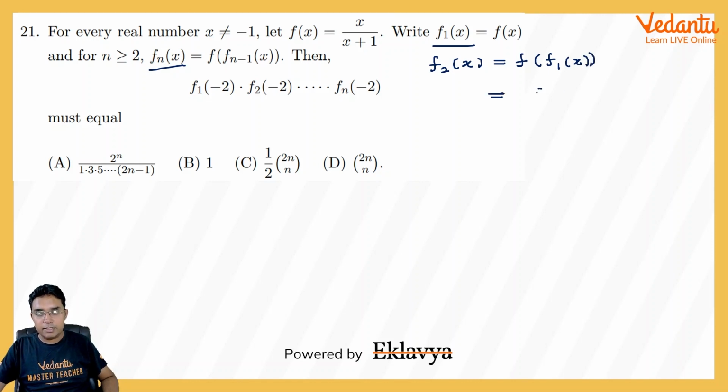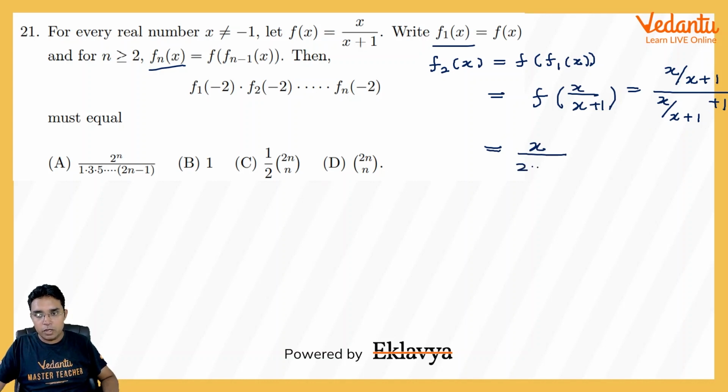So we can write this as f of f(x) means x upon x plus 1. If I use this result, it will become x upon x plus 1 whole divided by x upon x plus 1 plus 1. If I take LCM, it will be x upon 2x plus 1.